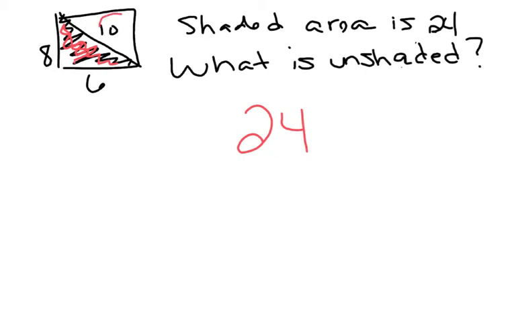So this side's 24, then this side's 24, because both together would make up the rectangle, which is double the triangle. So the area of the rectangle, we know, would then be 48. So just again, understanding that relationship, that this is half of it, and so this would be the other half.